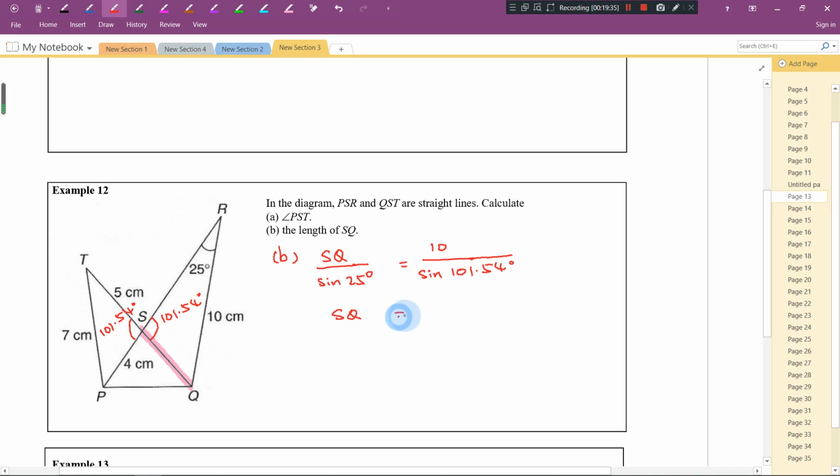So SQ is equal to 10 over this whole thing times sine 25 degrees. Let me press the calculator: 10 over sine 101.54 times sine 25. So the answer is 4.313 centimeters.